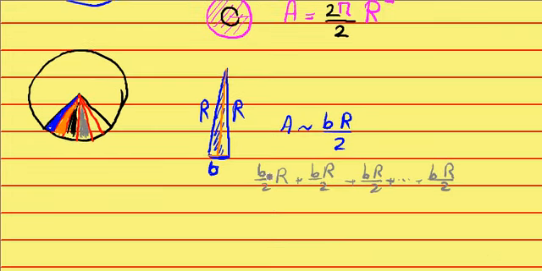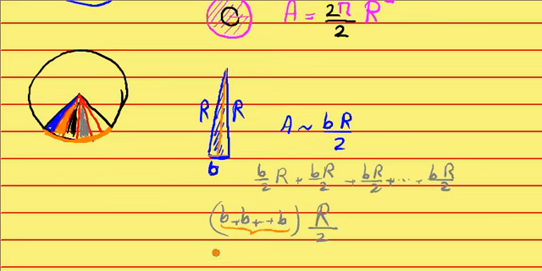I say go ahead and factor your R's, factor your 2's, and all of these B's, all the bases. If all the bases are added together, what am I going to get? Well, if I add up all the bases, I'm going to get length of the arc. So these are all these tiny bases.